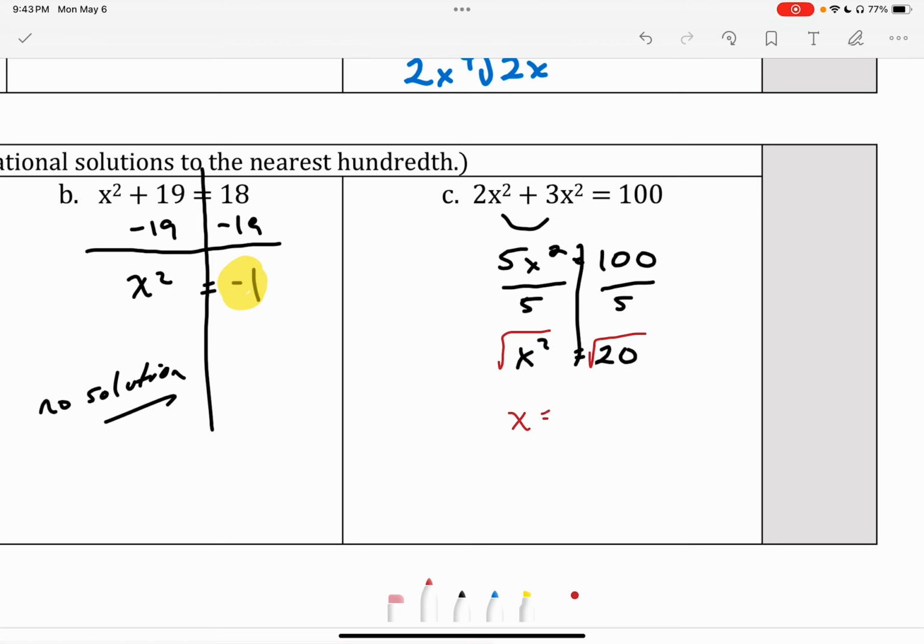So we have x equals plus or minus the square root of 20. Square root of 20 is one that we often will simplify into plus or minus square root of 4, square root of 5. And since we know square root of 4 is 2, this will become x equals plus or minus 2 square root of 5, and call it good.